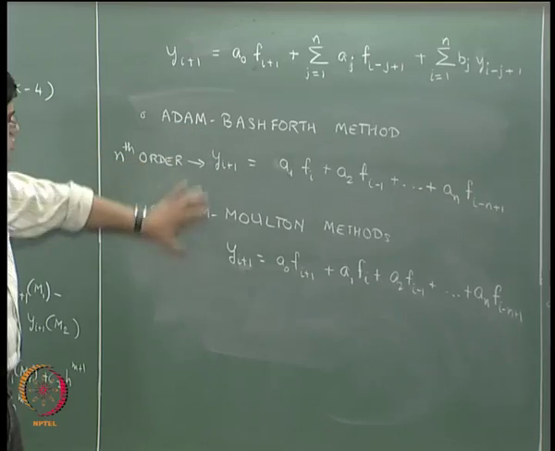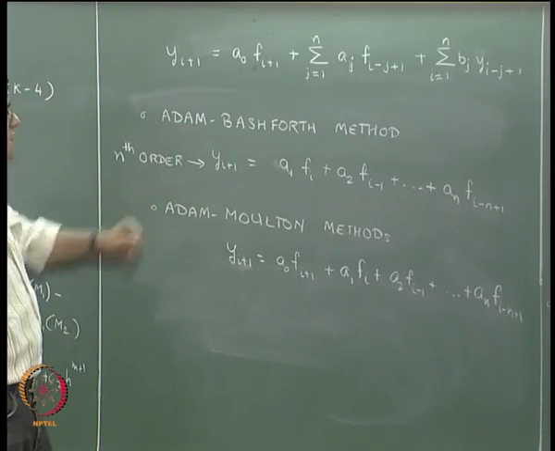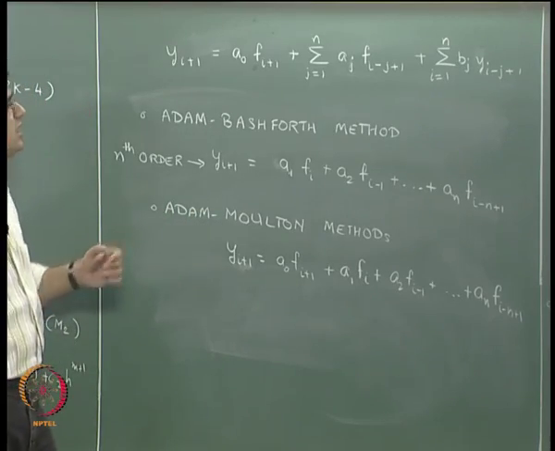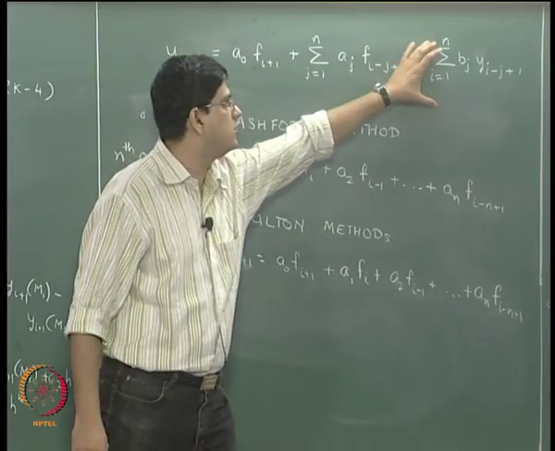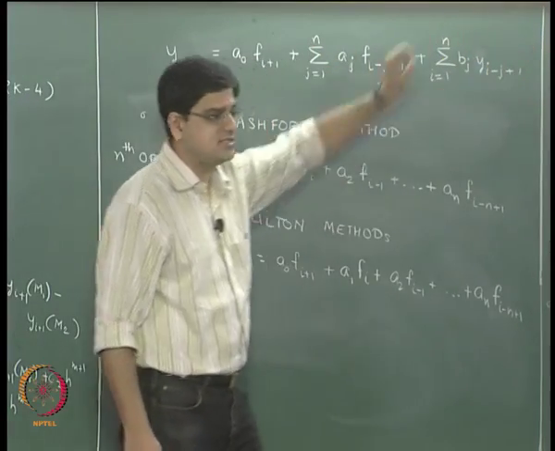So, these two are the Adams family of methods, and finally we have the backward difference formula, and the idea behind the backward difference formula is we do not worry about the function values in the past, we only worry about the yi's in the past.